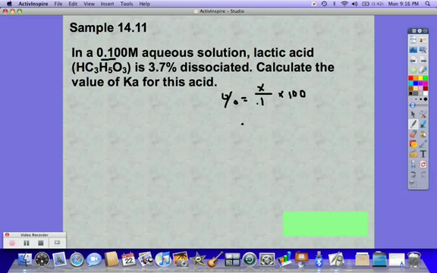Plugging in what we know, 3.7 was the percent. We're looking for x. So solving that out, dividing by 100, multiplying by 0.1, we get x, which is 0.0037.